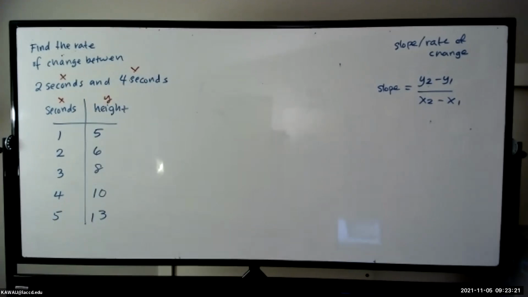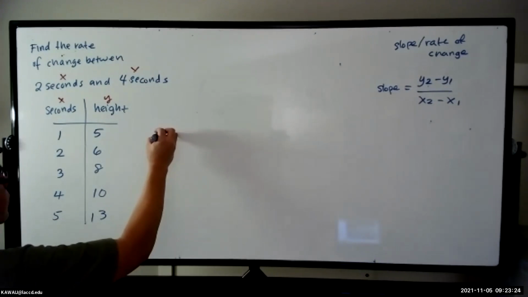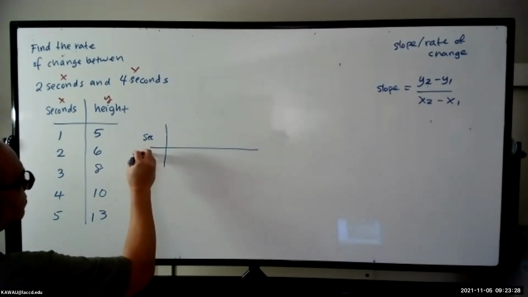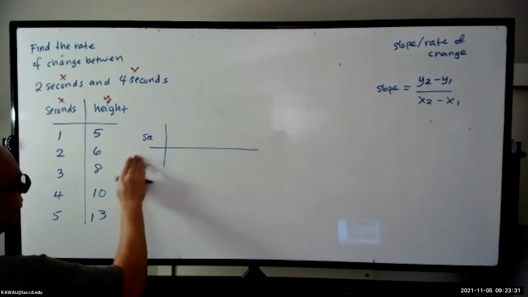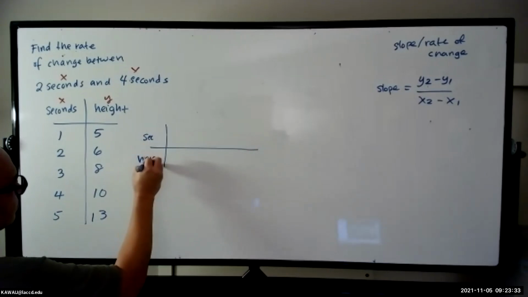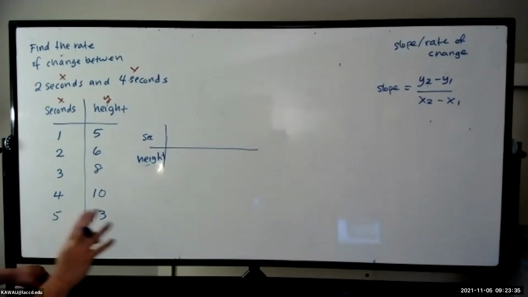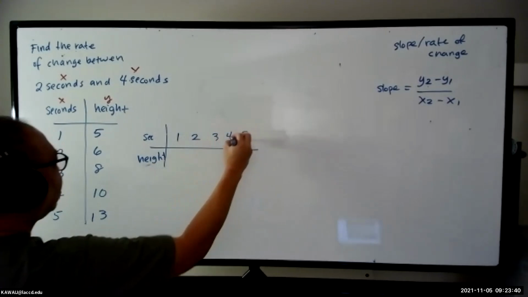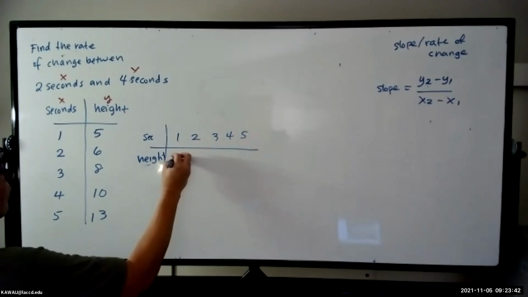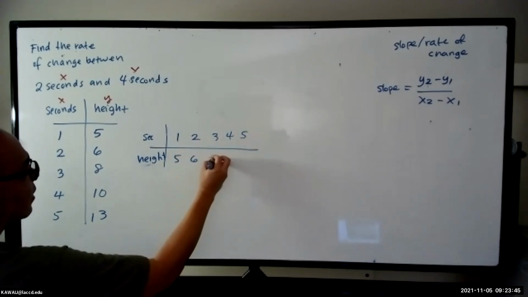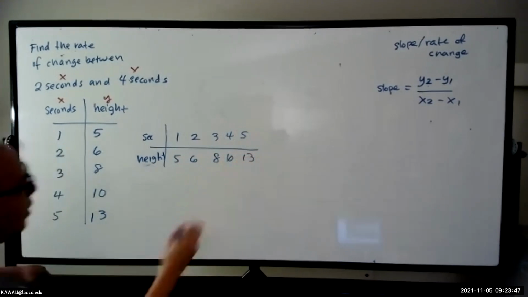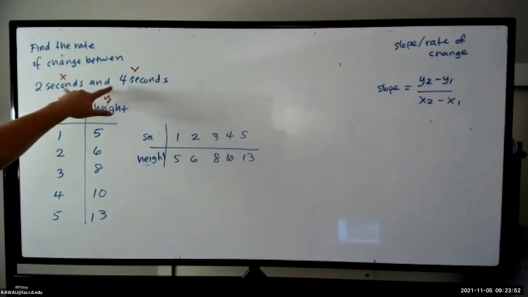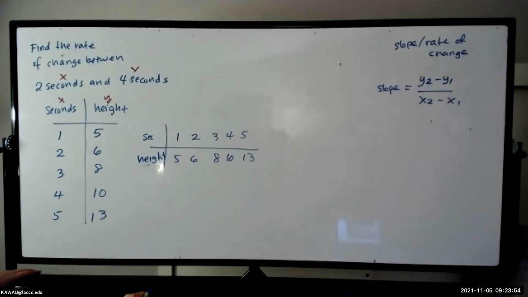The reason why I'm saying that is because sometimes they'll give you the same chart horizontally, which you may not be used to. 1, 2, 3, 4, 5, 5, 6, 8, 10, 13. And you may be confused, wait, which one's my x and which one's my y? It's the one that they mentioned in the question that is the x.